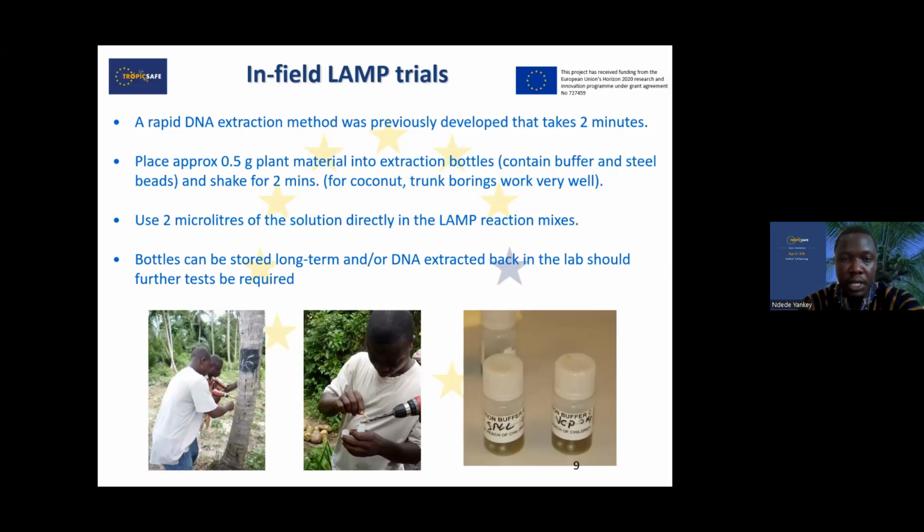So what you do is you put about 0.5 grams of the plant material in the bottle and shake it for about 2 minutes. And then you can take about 2 microliters and put it directly in your LAMP reaction. The remainder of the contents in the bottle, the plant material, can be stored and later extracted in the lab or stored for long term.